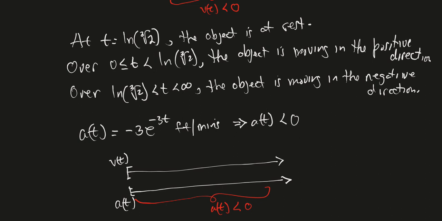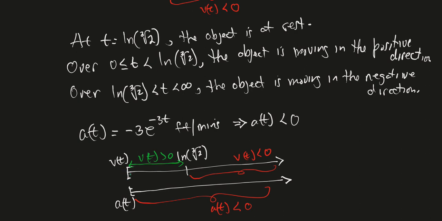But v of t does change sign, and we know when it changes sign, at that ln of the cube root of 2. It is negative here, so v of t is negative in this interval, and then on this interval, over here, v of t is positive.